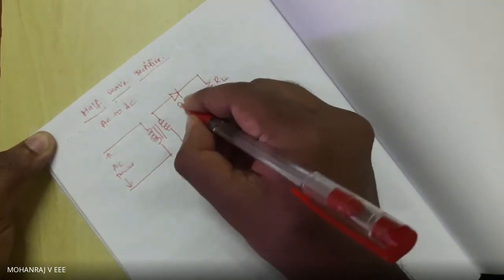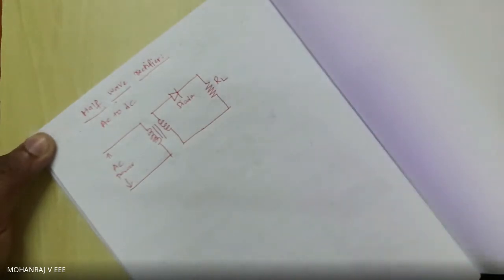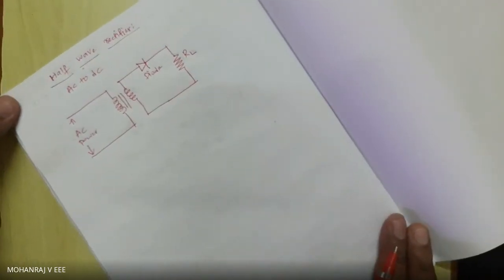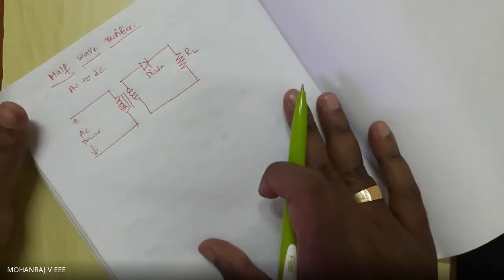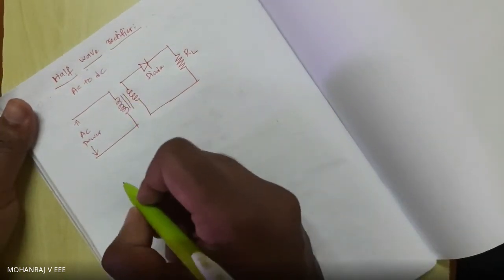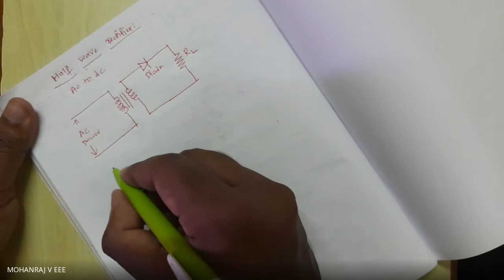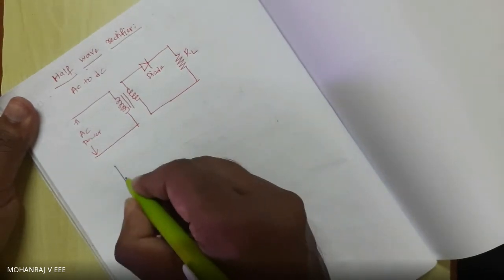So this is my diode, right? Now, what is the input to my diode, or what is the input of this circuit? It is AC.